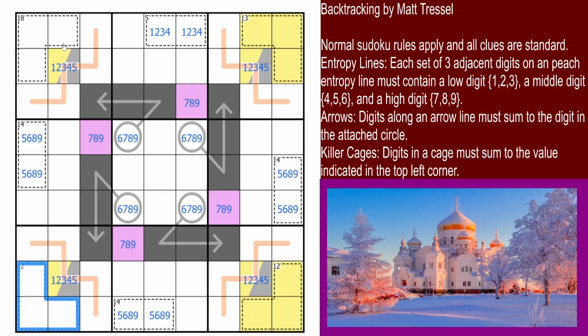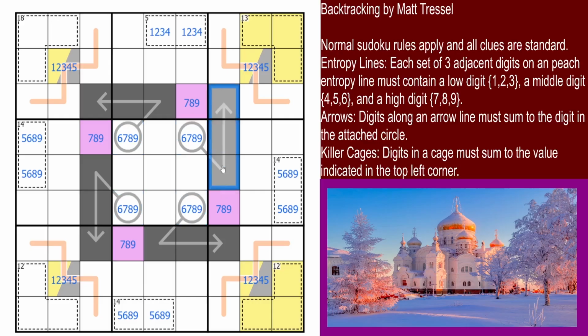So 2 highs could have been possible here, but now it is not possible. It only has one high digit. Now, so 6 is not possible. Does that mean 6 is not possible here? See, the thing is that if 6 is not possible here, we know that one of this is 9. So that 9 is not 6.